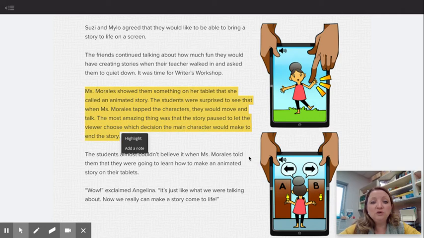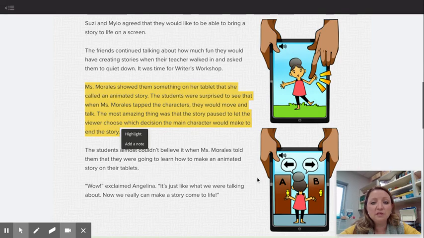Miss Morales showed them something on her tablet that she created. She called it an animated story. The students were surprised to see that when Miss Morales tapped the characters, they would move and talk. The most amazing thing was the story paused to let the viewer choose which decision the main character would make at the end of the story.